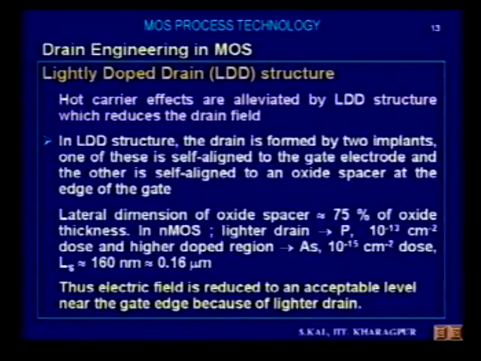The lightly doped region is very near the gate oxide, so automatically the field there will be lower, and hot carrier effects will be minimized. That is the technique known as the lightly doped drain structure, LDD structure. I will discuss the LDD process in detail.